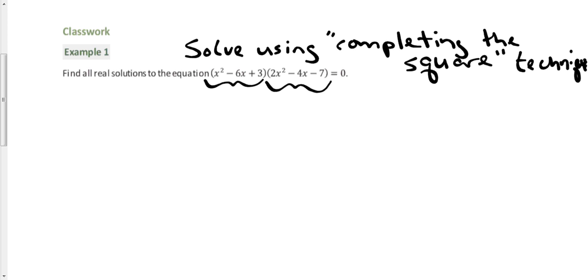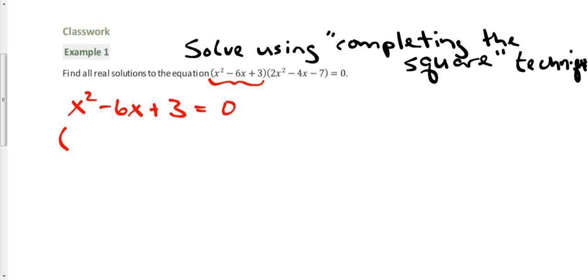So let's start, and I want to do these in different colors. Let's do this one in red here. I'm going to say x squared minus 6x plus 3, and set that equal to 0. The first thing I would try is to factor this. I want to find two binomials that multiply to make this.